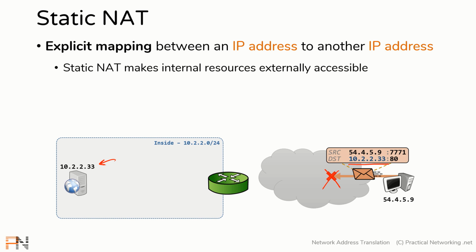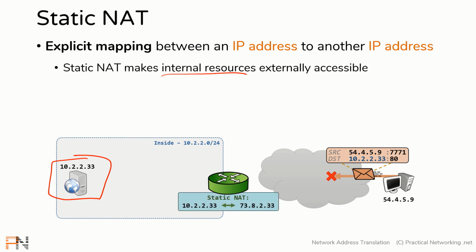Remember, there's a rule on the internet that says the only communication that can work on the internet is public IPs to public IPs. Since this packet includes a private IP address, this packet will be dropped as it crosses the internet. If, however, I have a resource on my inside network that I want accessible externally, I would then have to configure my router with a static translation to make my internal resource externally accessible.